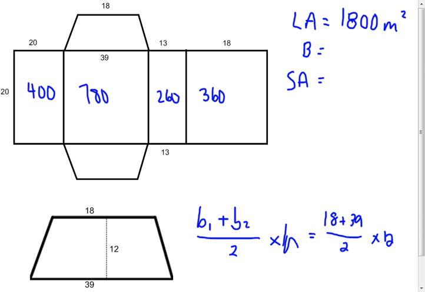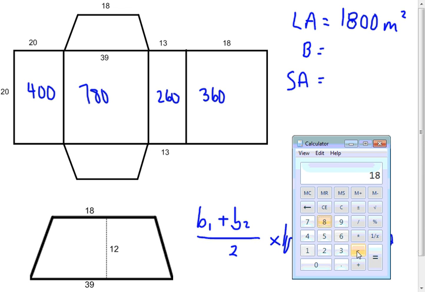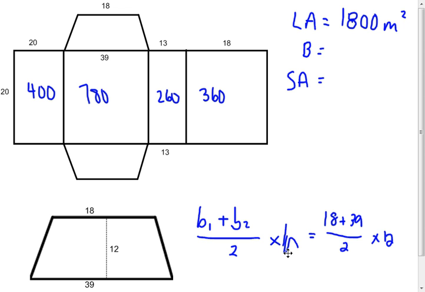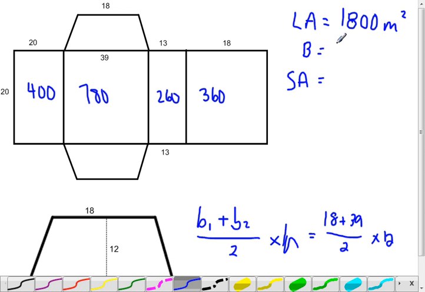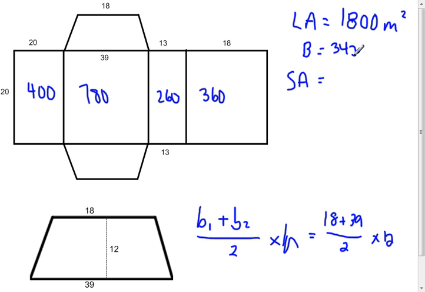So let's do that. 18 plus 39, that's 57, and then we divide that number by 2. We get 28.5. Multiply it by 12, and we get 342. So the area of the base is 342 meters squared. And so that means this base is 342, and this base is also 342.